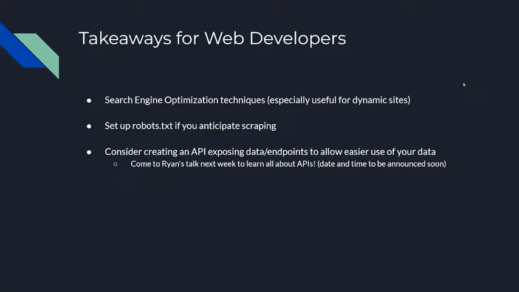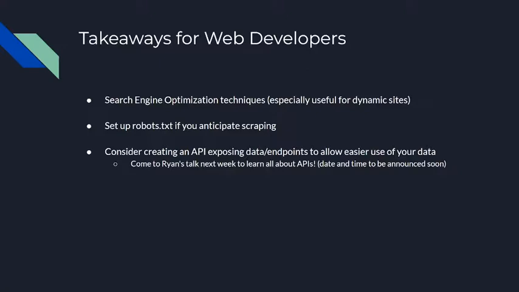So some of the big takeaways from web scrapers and how they work for web developers, even if you don't plan on using web scrapers, are how search engines interact with your website. There's a whole field of search engine optimization that is really important to consider if you're hoping to get your website anywhere near the first page of a search engine like Google.